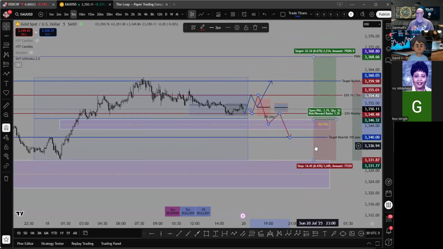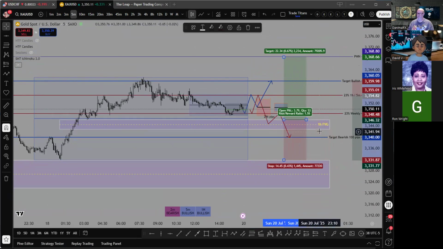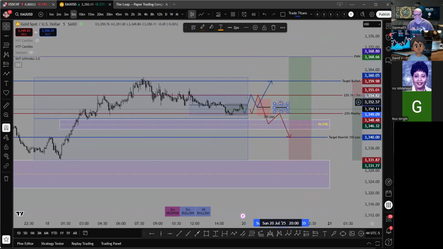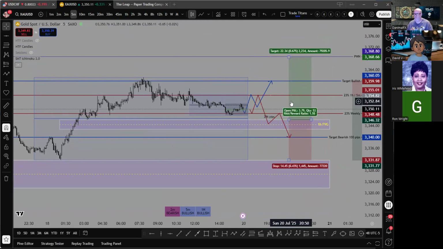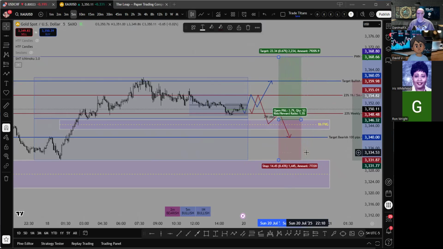However, this is my bullish forecast. In fact, I'll even redo this one. So bullish, I can get rid of these little boxes already. If we're going to go bullish, I really do want to see this pull back to here.